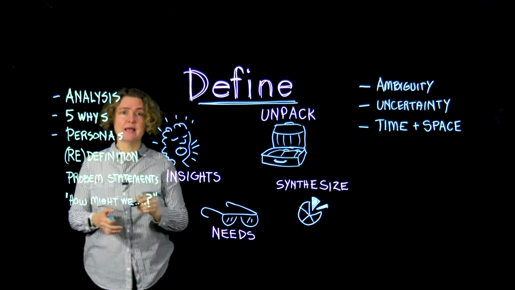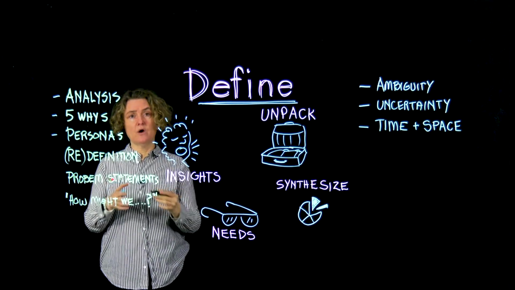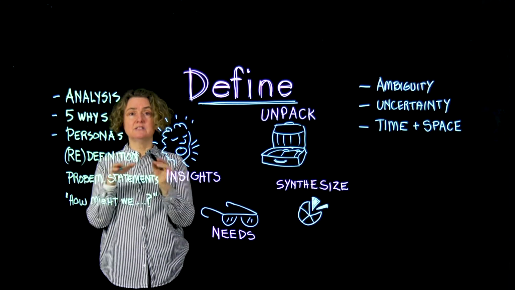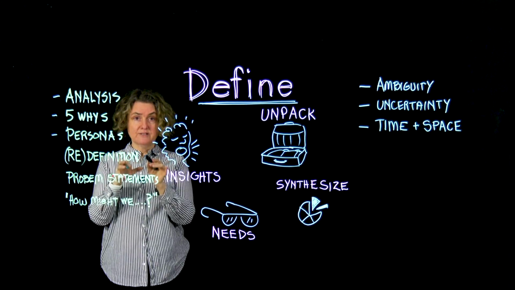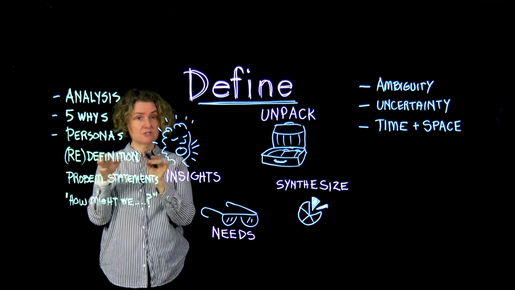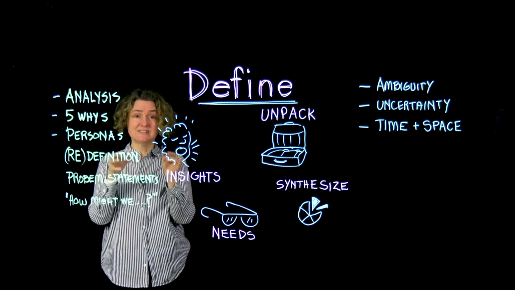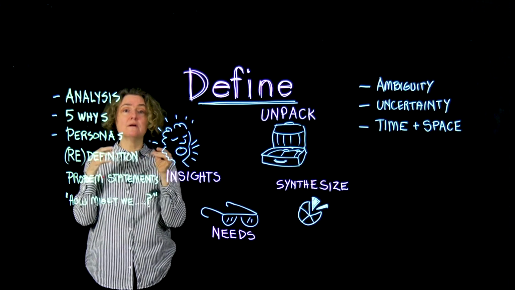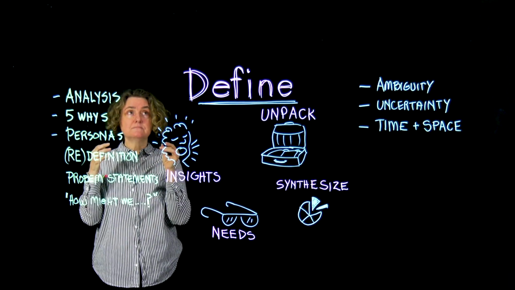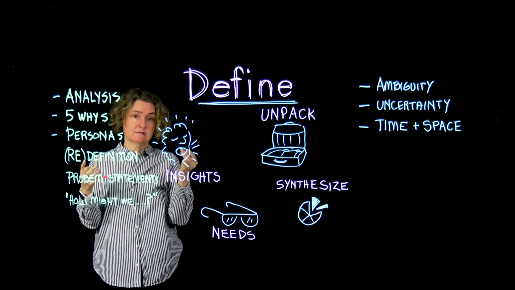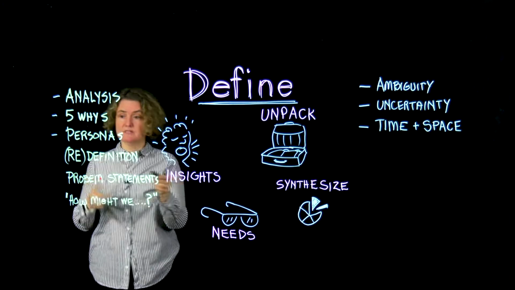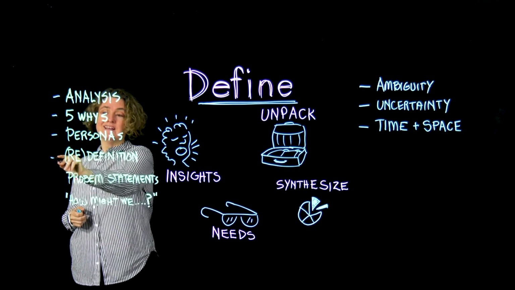We will also create personas based on the general population, the targeted audience that is going to be using or buying this product, service, whatever it is that we are creating.